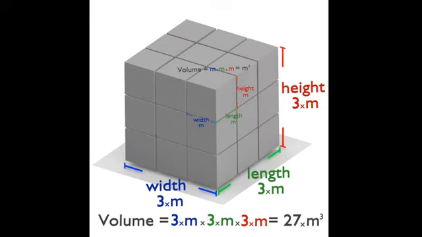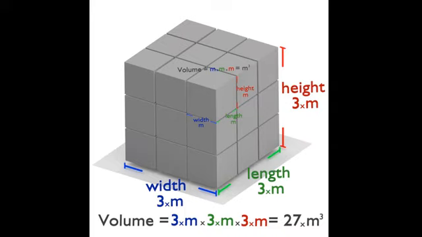Well, for example, we have here a cube that is made up of small boxes, as you can see. And this big cube is going to be 3 meters times 3 meters times 3 meters in the length of the edges. And this cube is going to be filled with these small boxes.